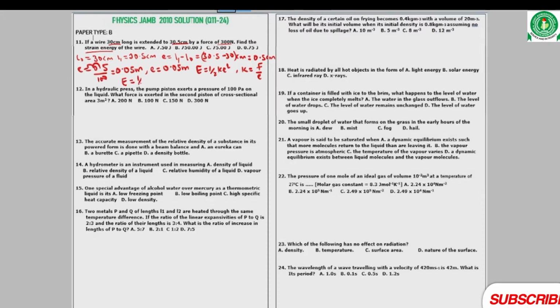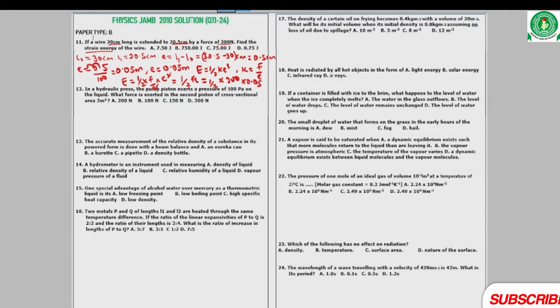1 over 2. Now when you substitute F over E for K, we are going to have F over E multiplied by E squared. So this E will cancel one of the E. So the formula I am going to use here is half Fe. So it's going to give us 1 over 2 times 300 times 0.05.